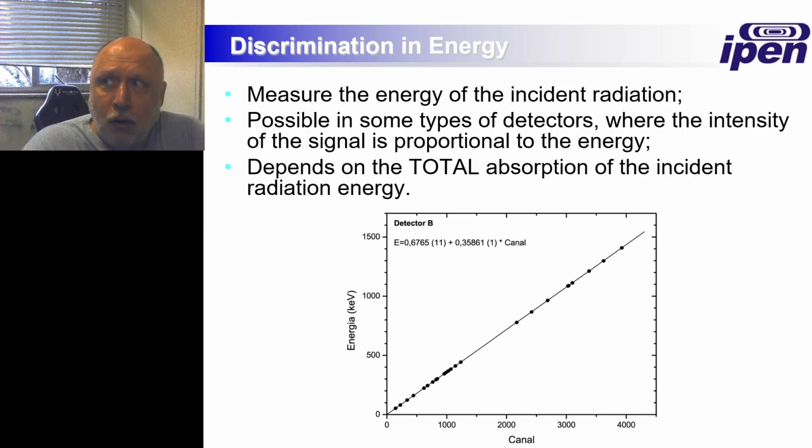If we're talking alpha particles or beta particles, you must make sure that the detector is thicker than the range of that radiation, because otherwise part of that radiation will escape, and if it escapes, then you lost some part of the information, right?